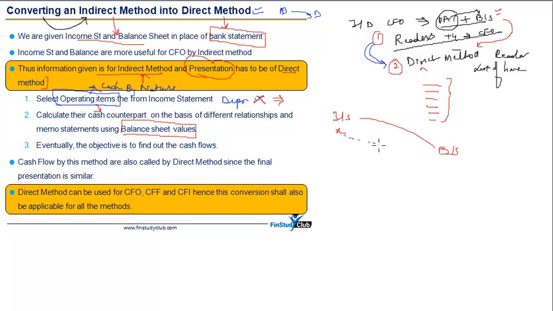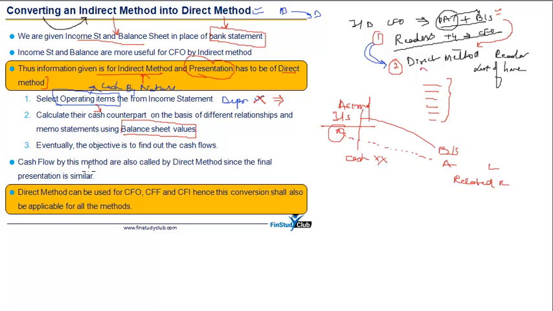I am going to come back to the balance sheet to find out any asset or liability which is related to X. If I get one, I am going to use the relationship between this asset or liability and X to find out the cash counterpart of X. My problem with the income statement is that it is accrual based, so the value of X here will be on the basis of accrual, whereas I need something in cash, so this relationship will be exploited to that extent.